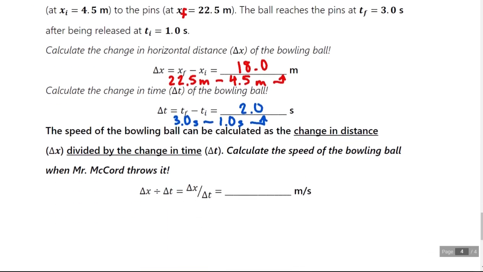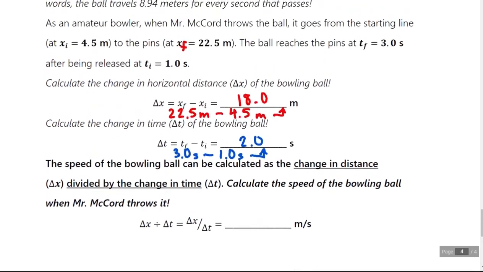So the rate at which the ball moves is going to be this change in horizontal distance, which is delta x, this change in position, divided by this change in time, the delta t. You could write it either way: delta x divided by delta t, or delta x slash delta t.